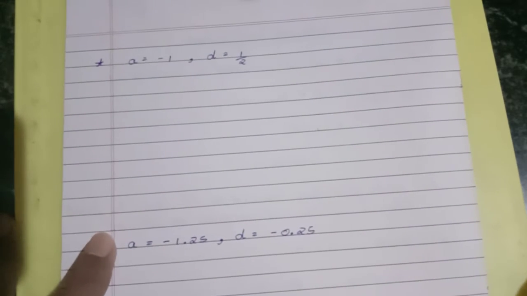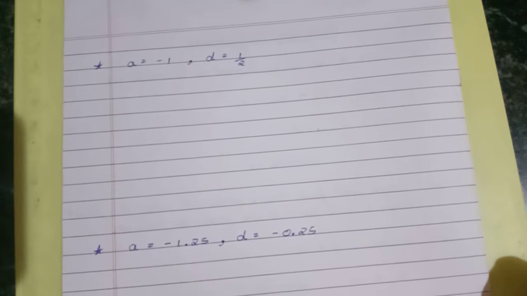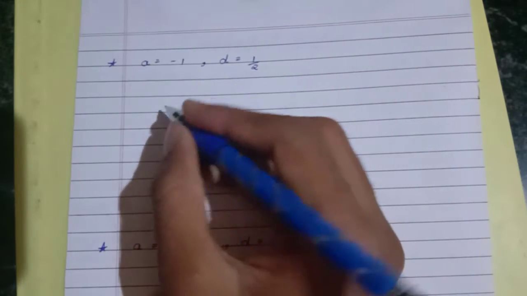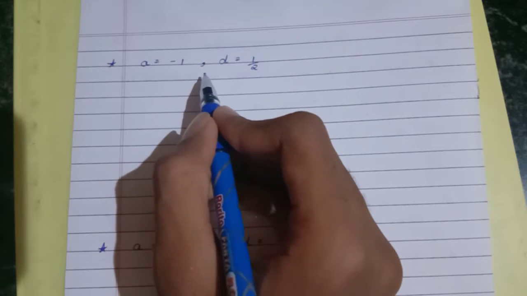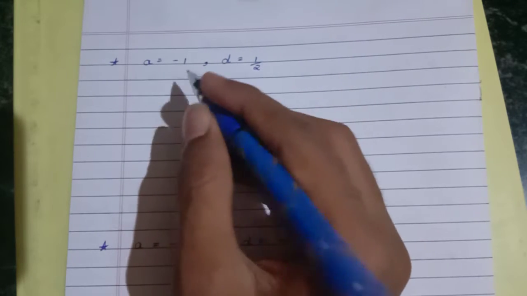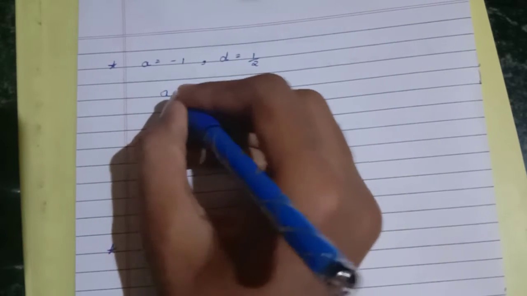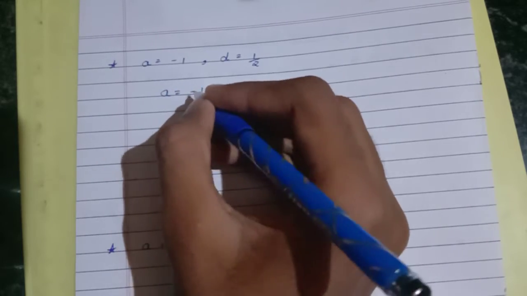Now let us go to the third sum. Here A1 is equal to minus 1 and D is equal to 1 by 2. A is equal to minus 1.